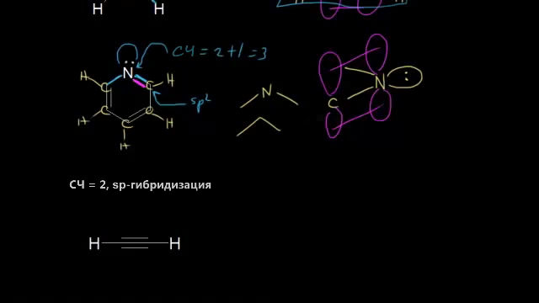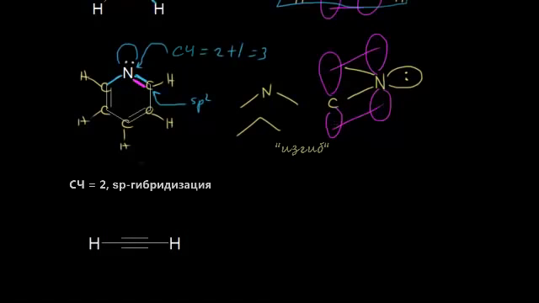So we could say that this geometry here is bent. You have to think about the hybridization of the atom, and you have to think about lone pairs of electrons when you're trying to figure out your overall situation here, but you ignore the lone pair of electrons when you're determining the geometry.